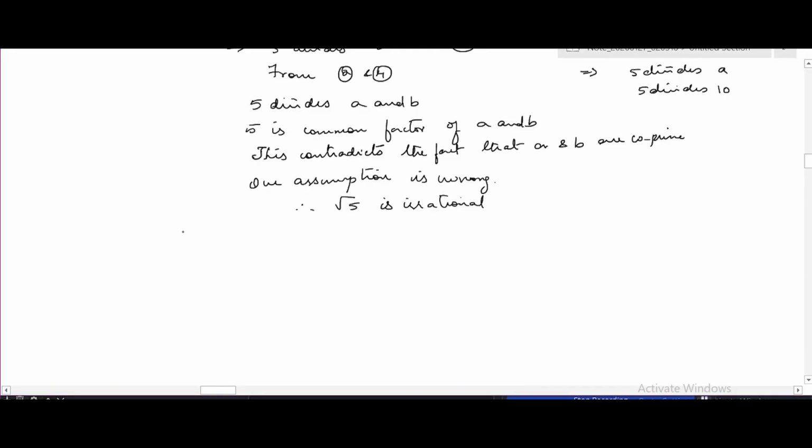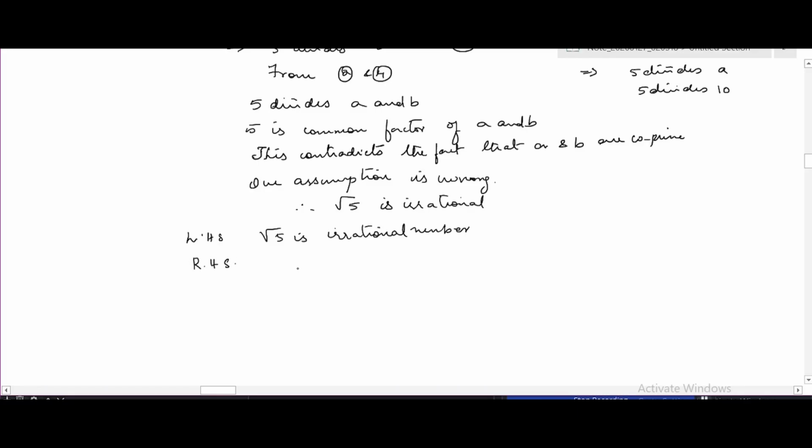Now LHS, that is root 5, is an irrational number. RHS is what?